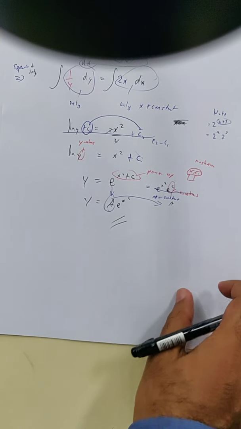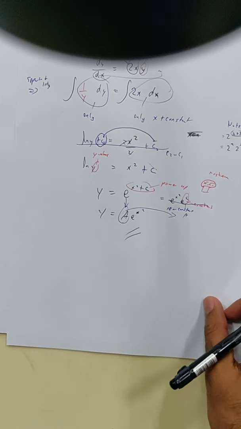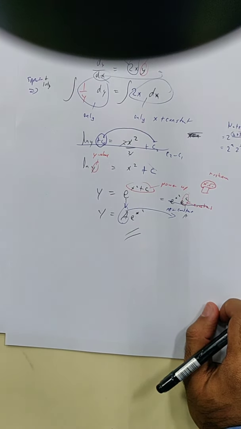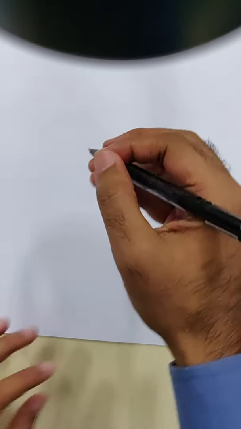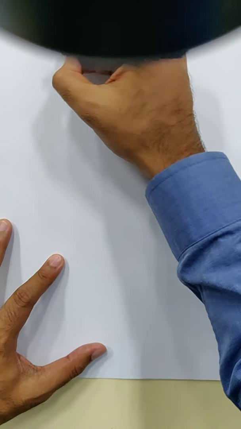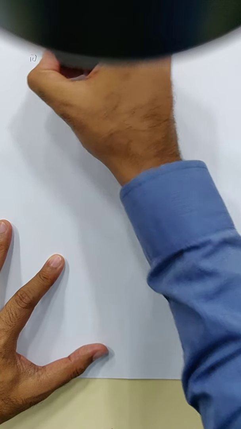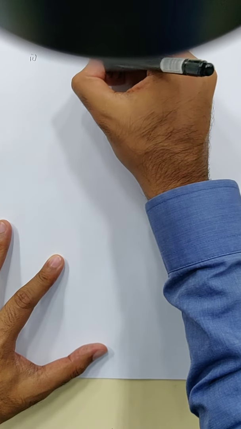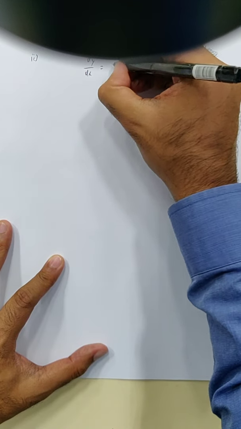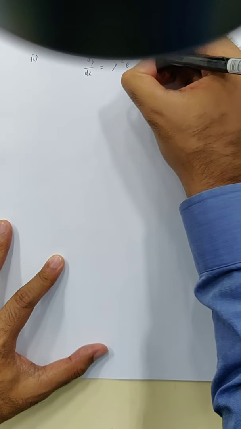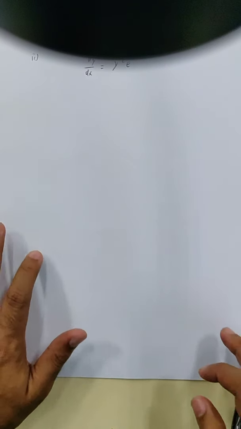Okay, so let's try one more time. This one is a bit tough. Okay, another example for you. dy/dx equals y squared e^(-2x). Okay, what can you see?